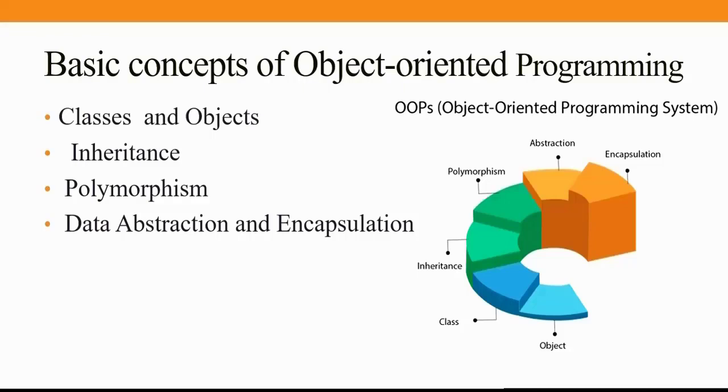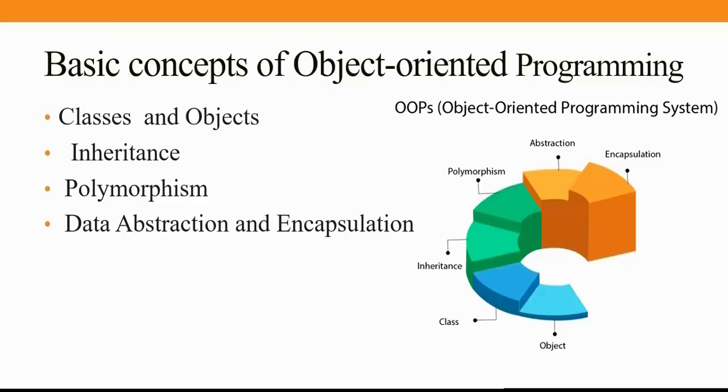So classes and objects is the first part of the object oriented concepts. Then the second one is inheritance. The third one is polymorphism. The fourth one is data abstraction and encapsulation. So these four are the core concepts of object oriented programming: classes and objects, inheritance, polymorphism, data abstraction and encapsulation.